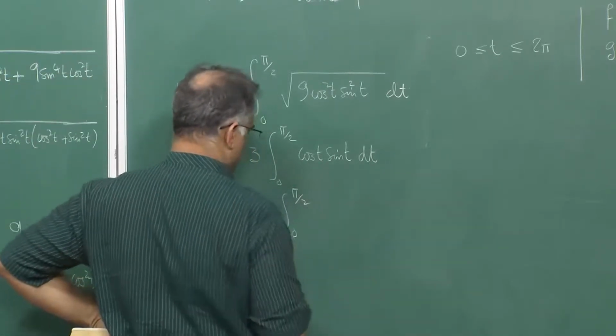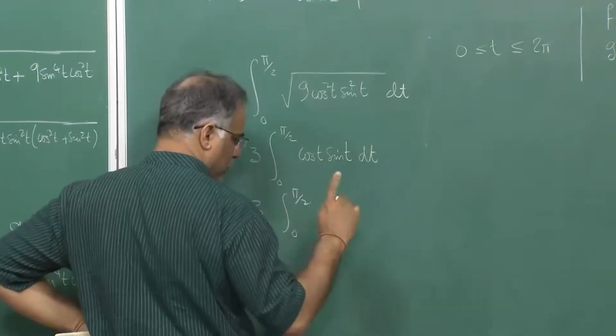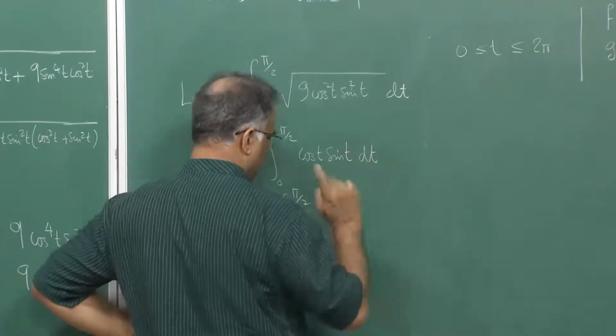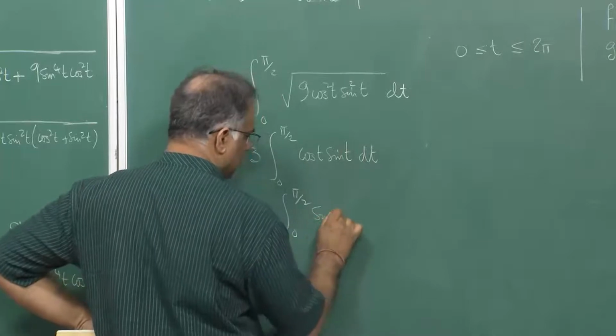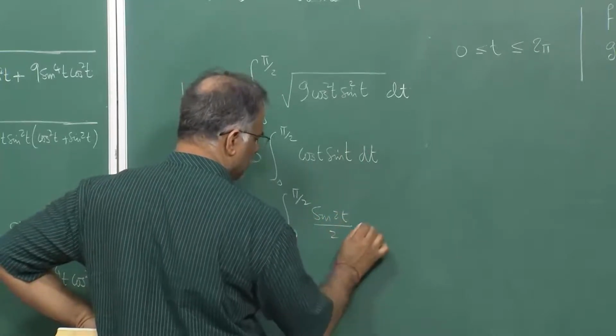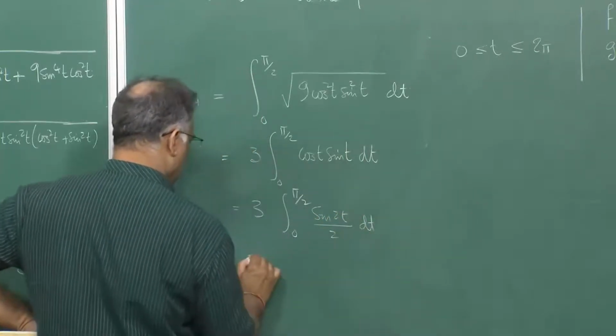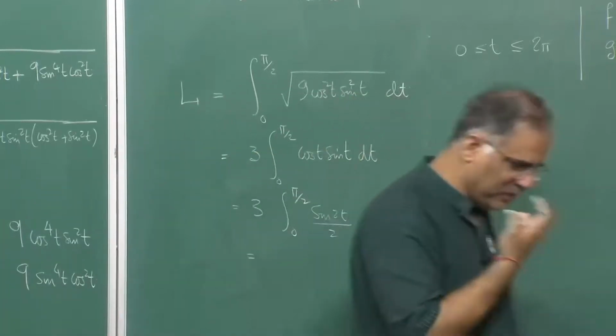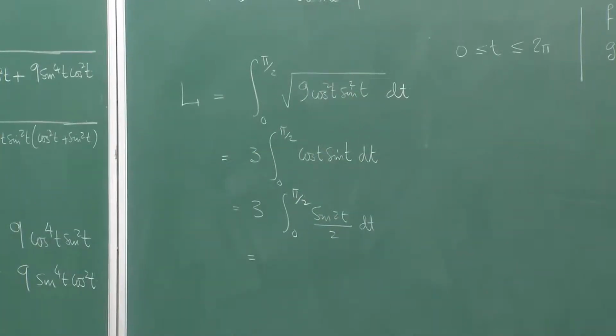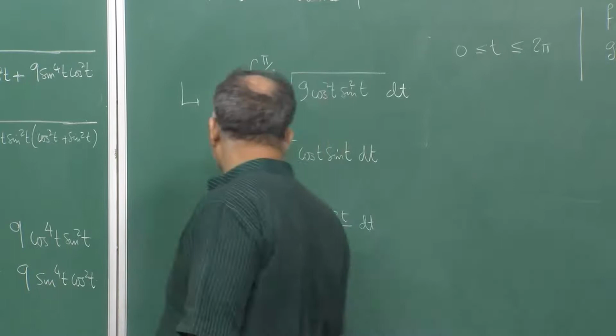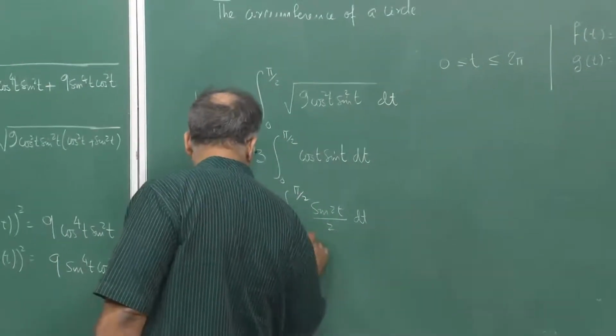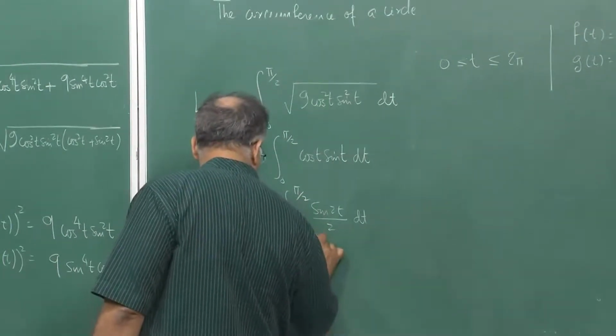So, this is cos t sin t, and sin 2t is equal to 2 cos t sin t. So, it is sin 2t by 2 dt. And then of course, I leave it to you to find the answer, which is nothing but 3 by 2 at the end.